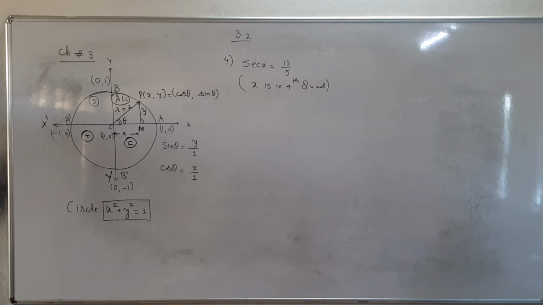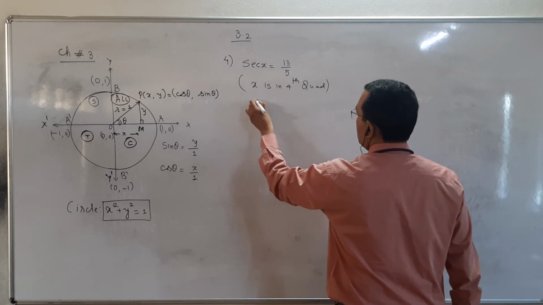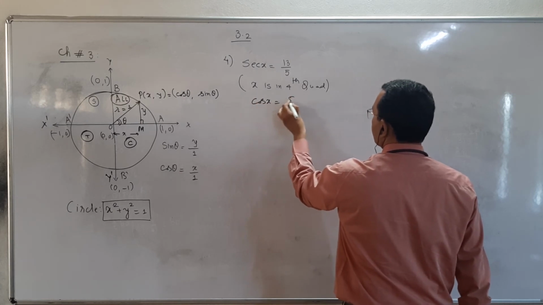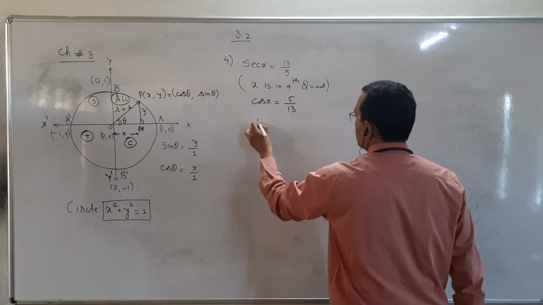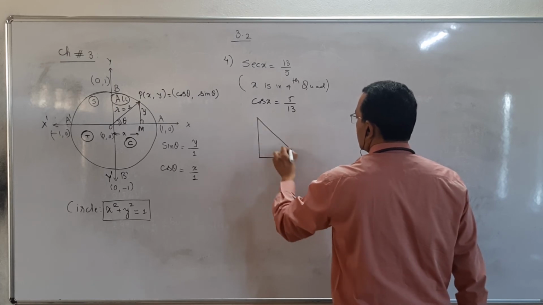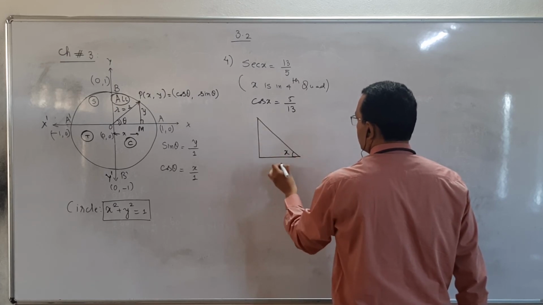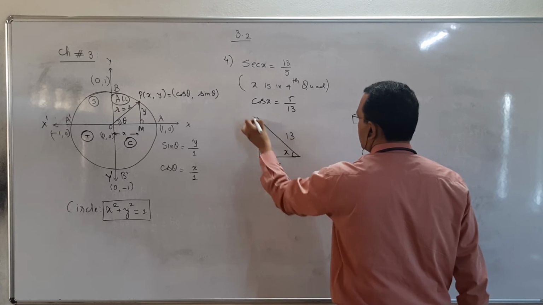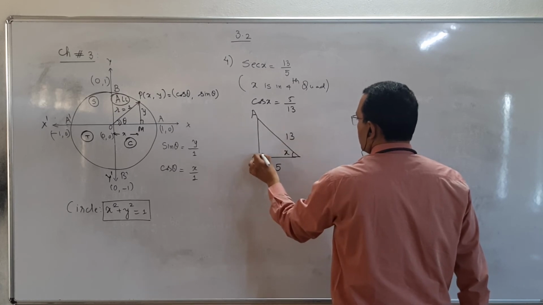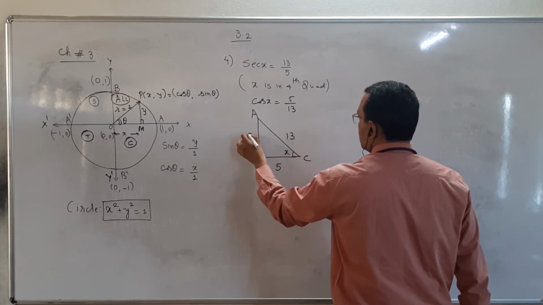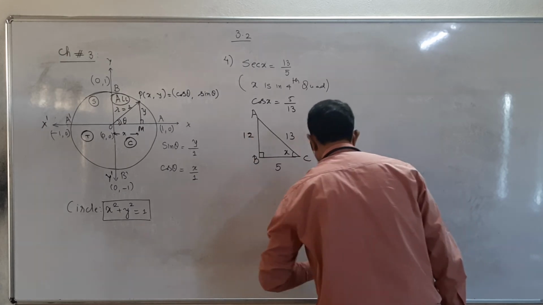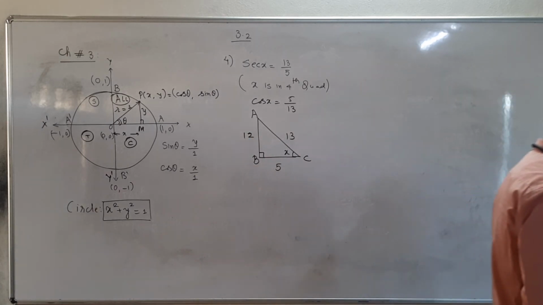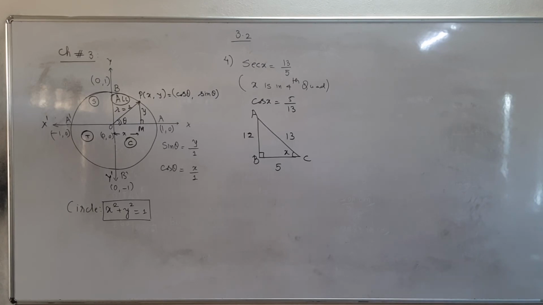Okay, students, fourth quadrant. So immediately you should write cos x is equal to 5 by 13, and it will also bear a positive sign. So if I construct a right angle triangle, and this is x, this will be 5, this is 13. Pythagorean triplets, if you remember, this would be 12. In your 10th standard, you have been told to memorize Pythagorean triplets.